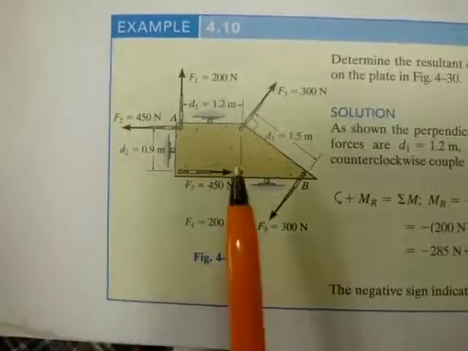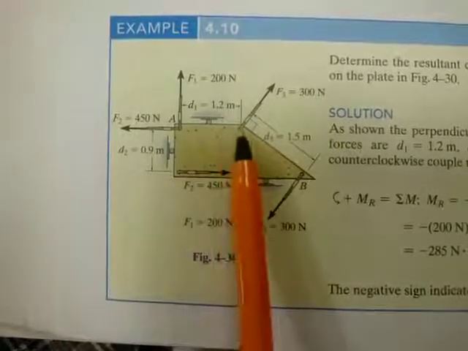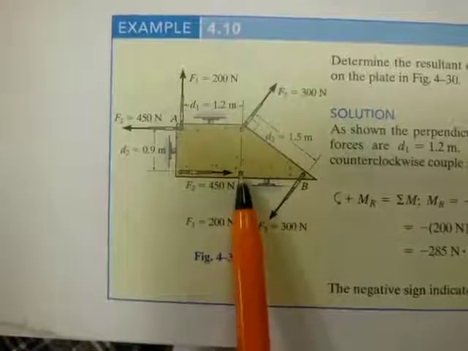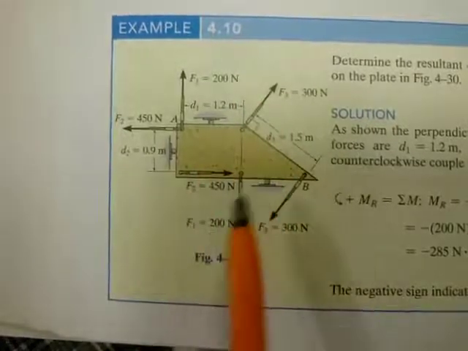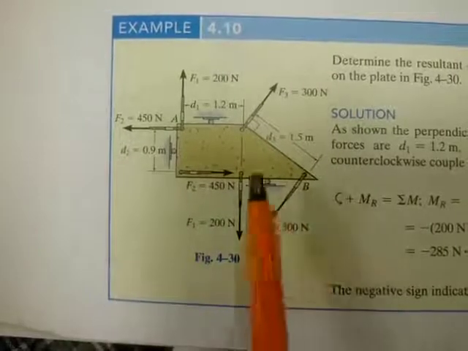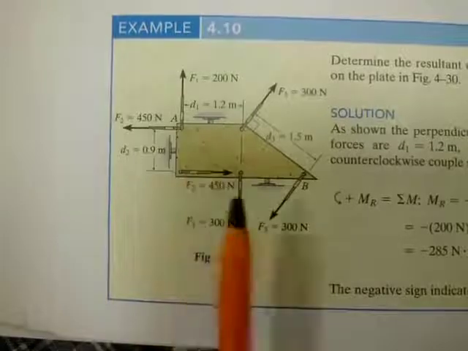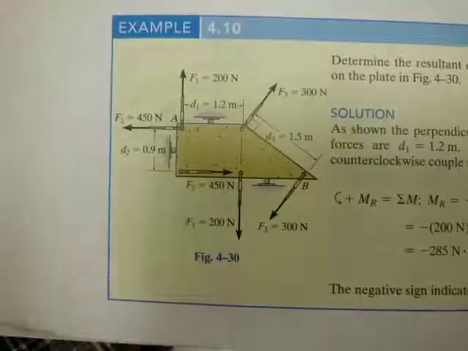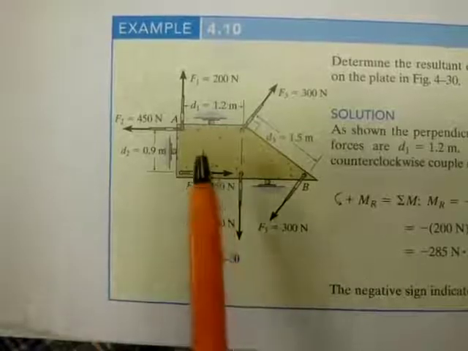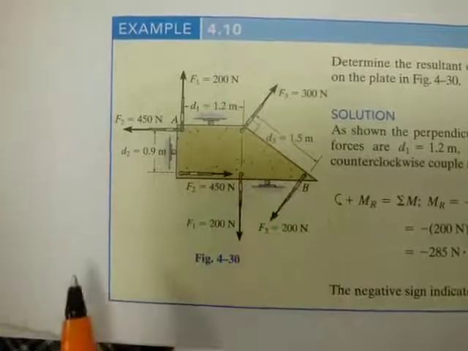Or you could take moments about another point, and you will get exactly the same answer, because when we're working with couples, they are free vectors, meaning they are independent of the point that you take moments about.